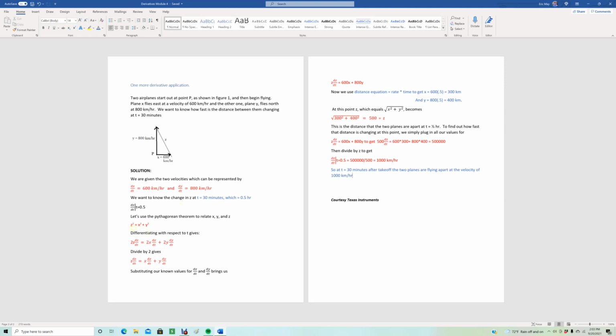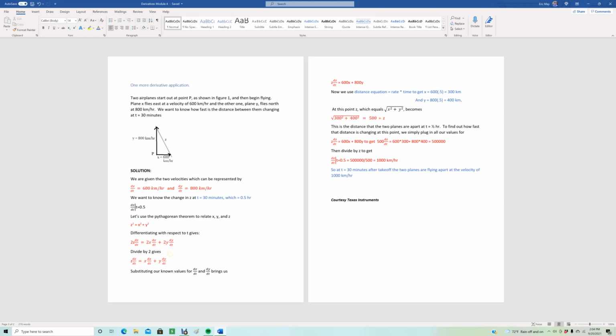That simply is z squared equals x squared plus y squared. If we differentiate that with respect to t, we get 2z dz/dt equals 2x dx/dt plus 2y dy/dt. Now if we divide that by 2, we get z dz/dt equals x dx/dt plus y dy/dt.